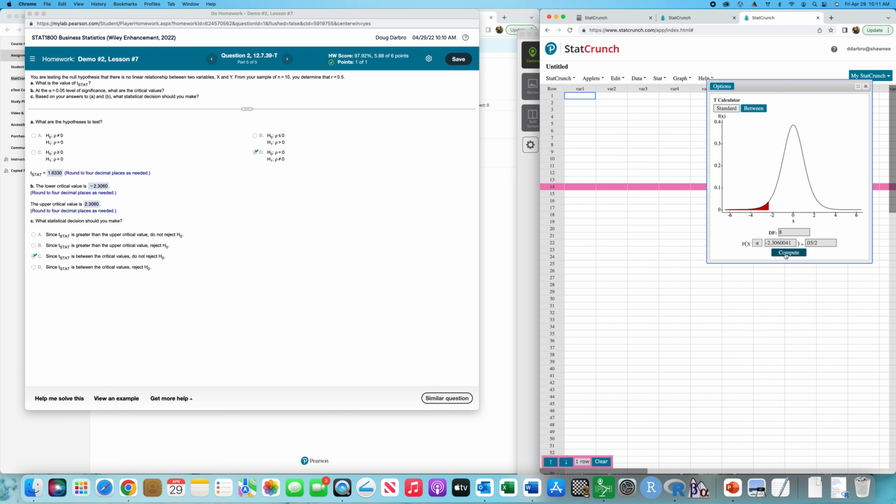And I hit compute, and I get negative 2.306. To get the upper tail, I could just change it and get the positive for that, or I could just note that the lower critical and upper critical are always the same value, just one is negative and one is positive. So my test statistic is 1.63. It's between my two critical values, therefore I would fail to reject H sub O.